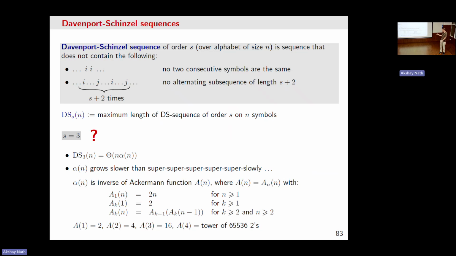So this is a fairly large number. I think either this one or A5, maybe A5, is larger than the number of atoms in the universe or something like this. So this is growing super rapidly, so that means that the inverse is growing super slowly. For all practical purposes, it's still linear, but in theory, it grows slightly super linearly.